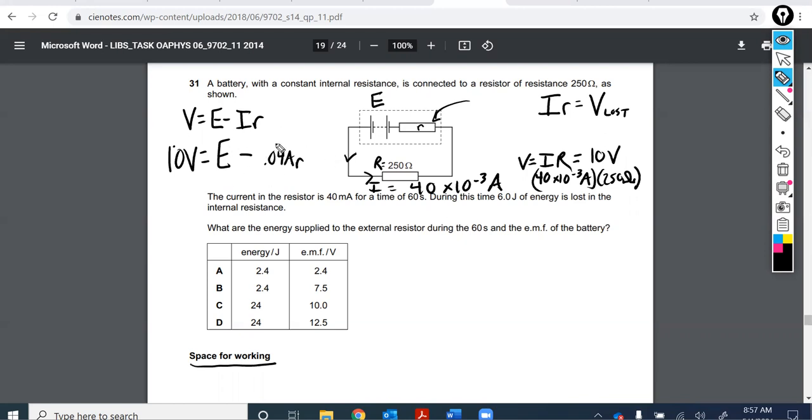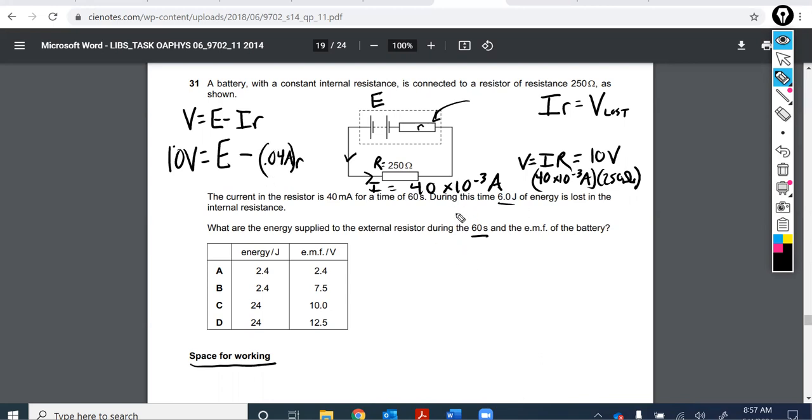Note that we haven't yet used the information about 6 joules for 60 seconds. So I think we're going to have to rely on that now and maybe go to the definition of voltage. Again, we're just puzzling our way through this, thinking about everything we can get out of it.